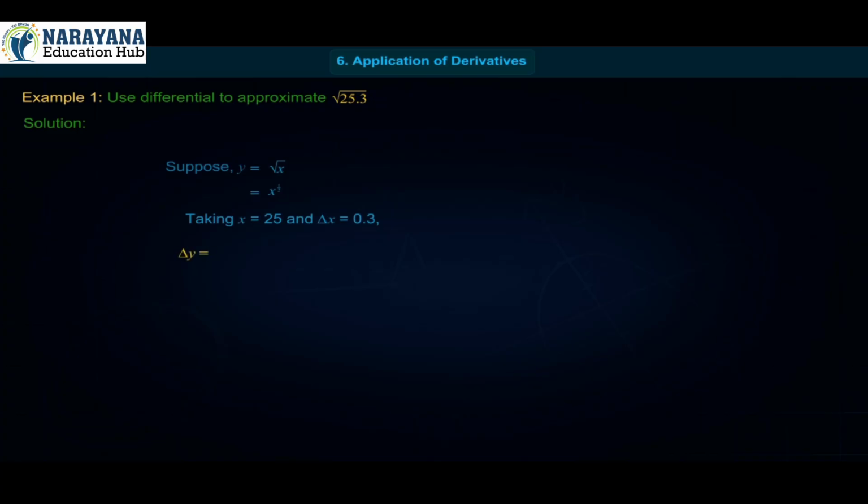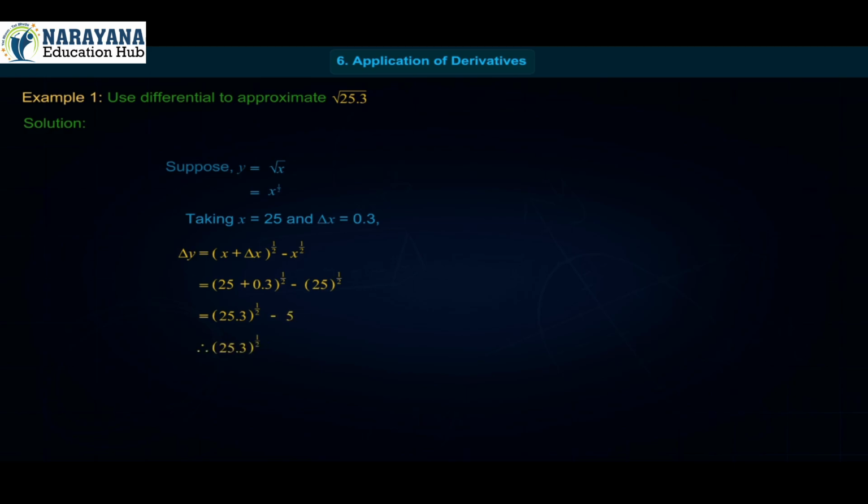Delta y is equal to x plus delta x whole raised to 1 upon 2 minus x raised to 1 upon 2 is equal to 25 plus 0.3 whole raised to 1 upon 2 minus 25 raised to 1 upon 2 is equal to 25.3 raised to 1 upon 2 minus 5.